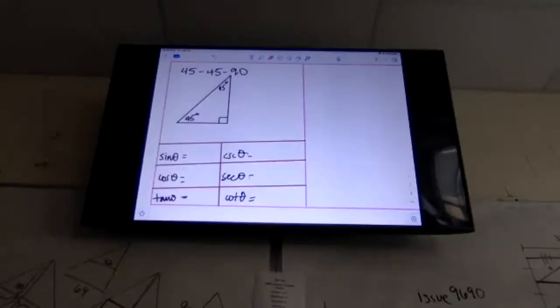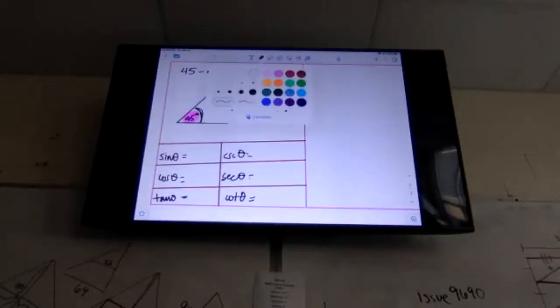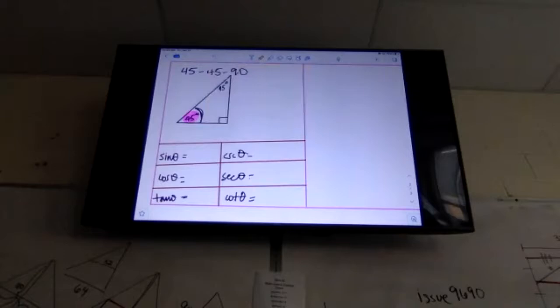I don't care which 45 you focus on. I'm just going to focus on this one in the corner. The special thing about a 45, 45, 90 degree triangle is that if the two acute angles are both 45, then that means the legs are congruent to each other. If the acute angles are the same, then the sides opposite them are the same.